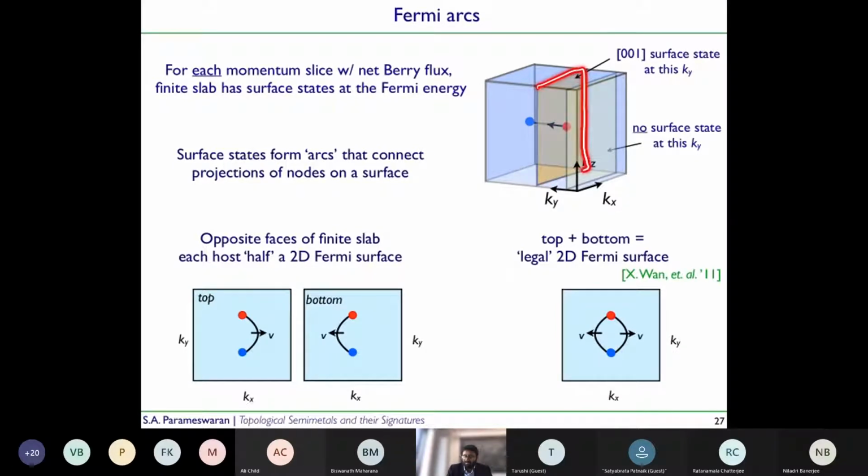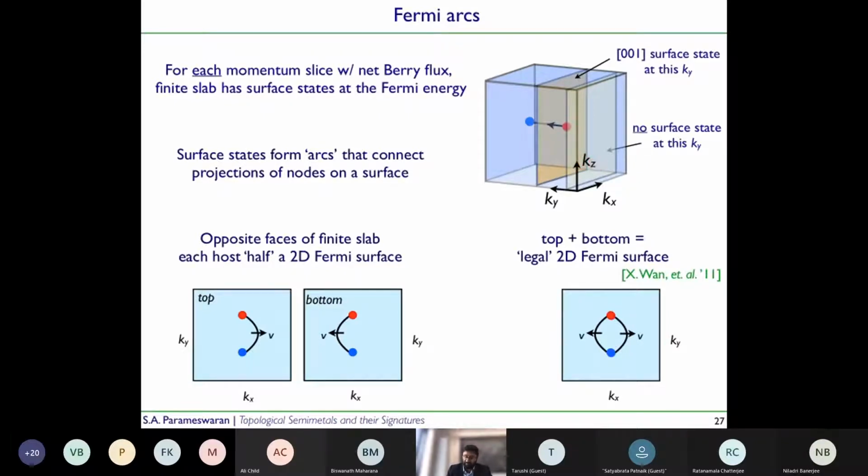Now, if a slice of momentum space like this has a non-trivial Chern number, that's a 2D system. I can think of that as effectively defining a 2D system at a fixed value of ky. So if I look at that fixed value of ky, I have an effective 2D system in the xz plane. Now, let's look at a surface in the z direction. I still have kx and ky as good quantum numbers, but I'm thinking about a slab of the system that's finite in the z direction.